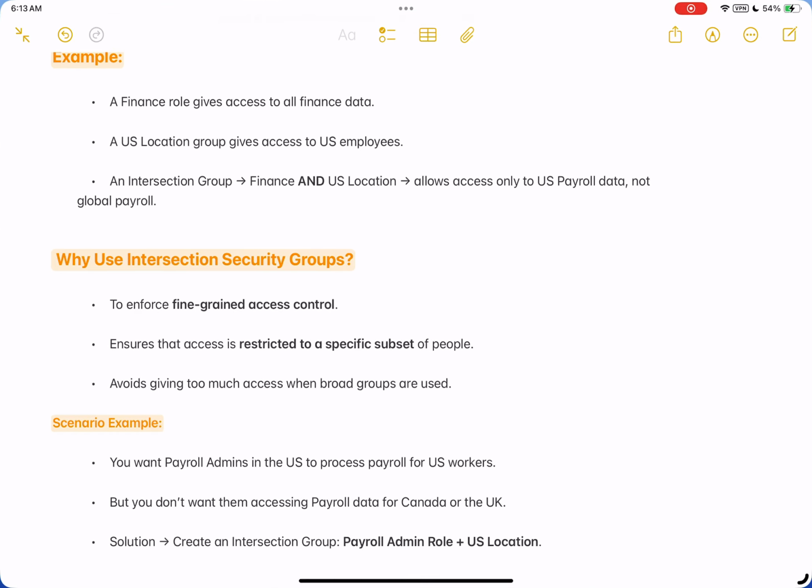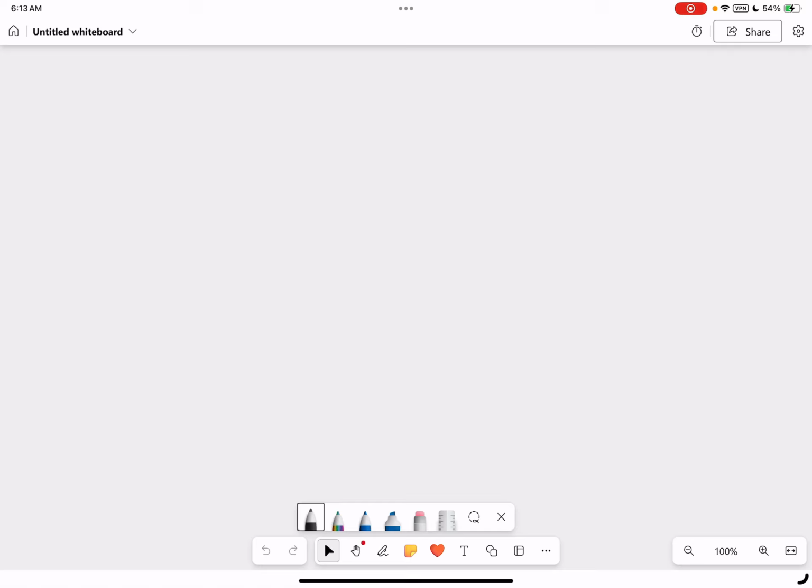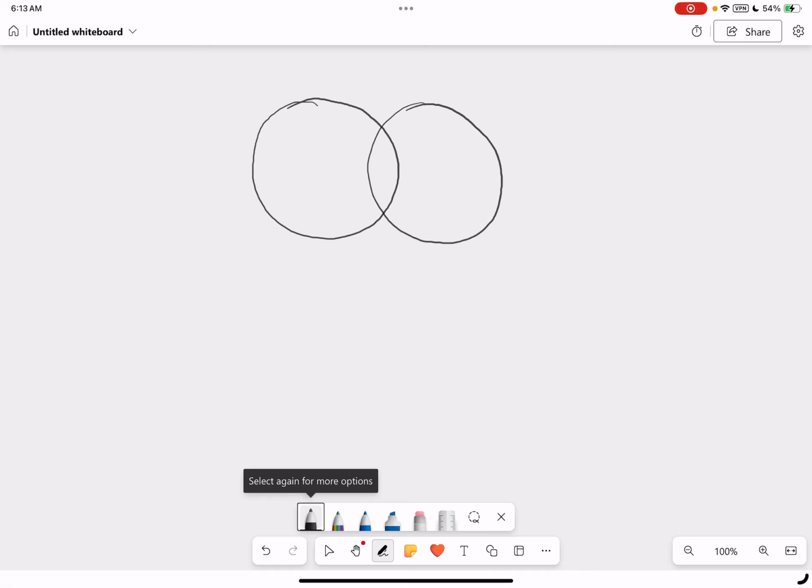So let's understand this simple diagram. This is the finance role.